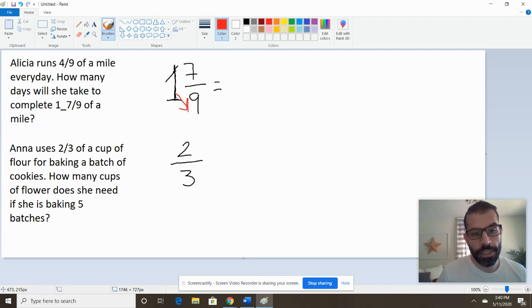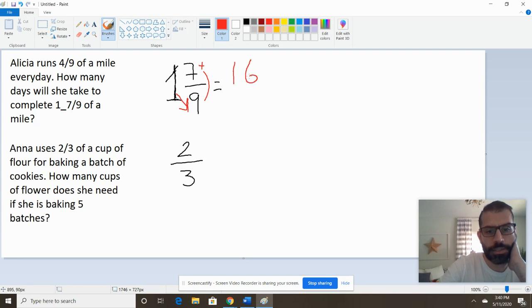So 1 times 9, 9. That gives you 9 parts right there, and you have 7 extra parts. So that will give you 16, right? So you have, again, 1 times 9 is 9 parts, plus 7 extra parts is going to be 16 nines.